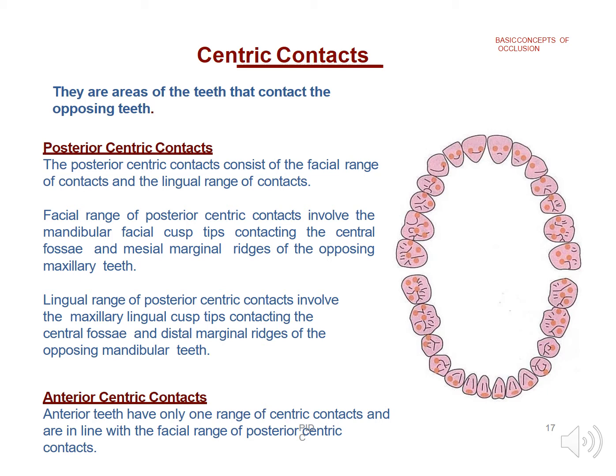Lingual range of posterior centric contacts involves the maxillary lingual cusp tips contacting the central fossae and distal marginal ridge of opposing mandibular teeth. Anterior centric contacts involve only the anterior teeth. Anterior teeth have only one range of centric contacts and are in line with the facial range of posterior centric contacts.